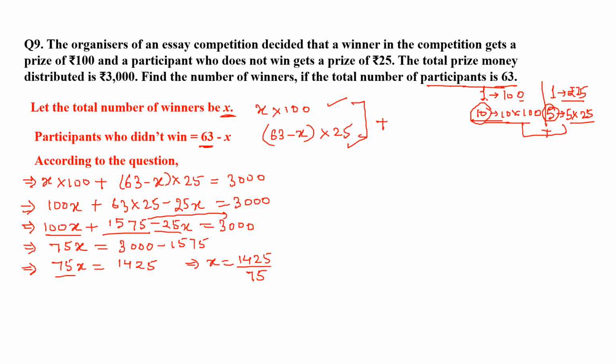When I transpose, it will become division. And if I divide it, I will get 19. So you have to find the number of winners, isn't it? So the number of winners will be 19. Okay. So the number of winners is 19. So this is your question number 9. Now I'm moving to question number 10.